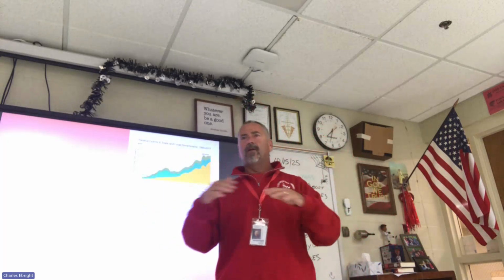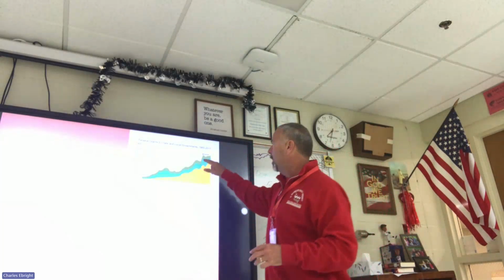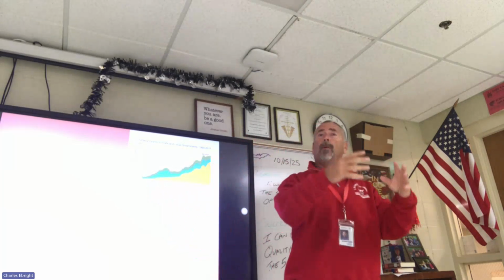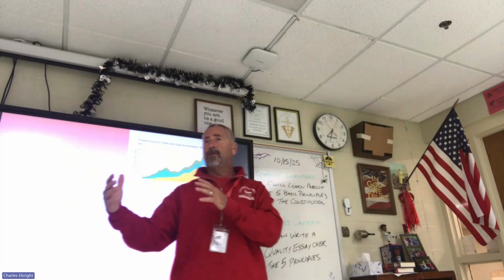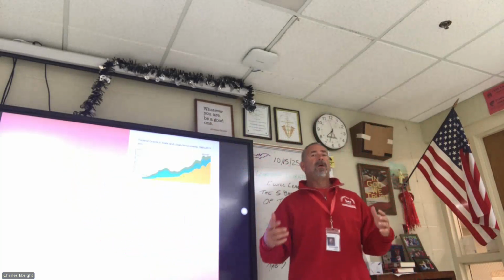Okay, you want to know why the government shutdown's going on right now, right? You're like, what's going on? So when these Obamacare subsidies end, that money to go to poor people to get Medicaid, which is health care for the poor, is going to expire. There will be no money for that.